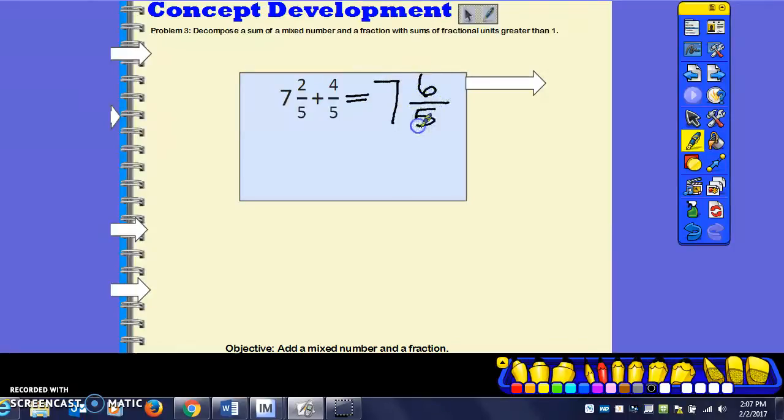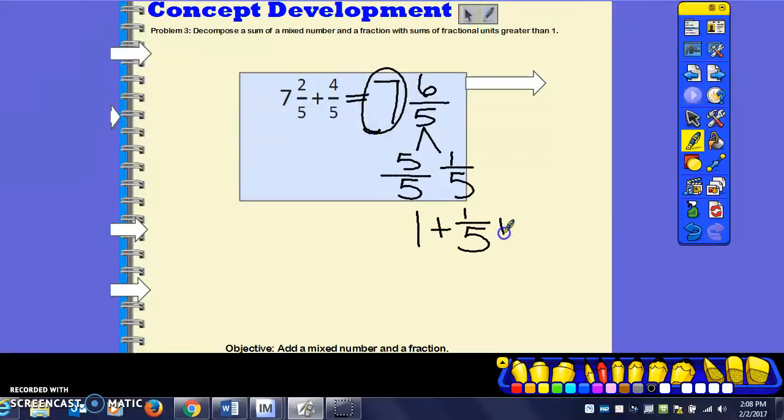Is 6/5 an improper fraction? Yes. So we need to change it to a mixed number. So I'm going to pull out 5/5, and I have 1/5 left over. So that's 1 whole plus the 1/5. How many wholes do I already have? 7. So we're going to add that 7.